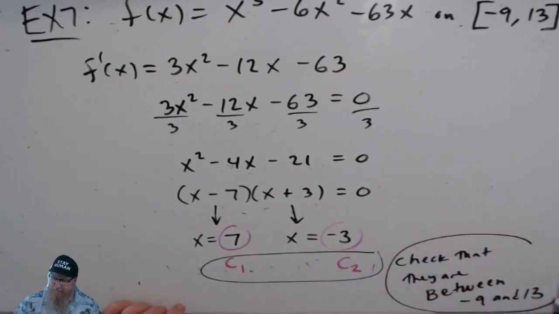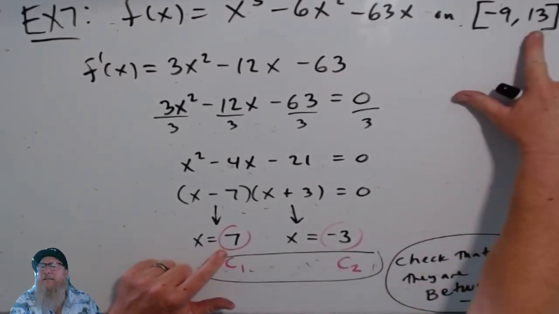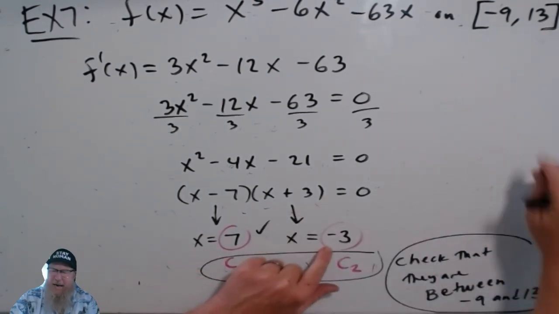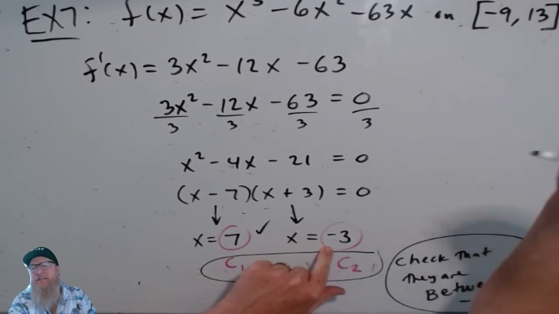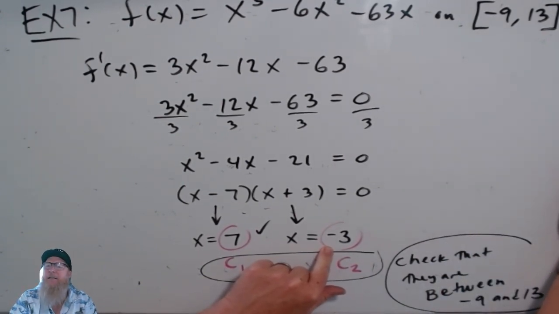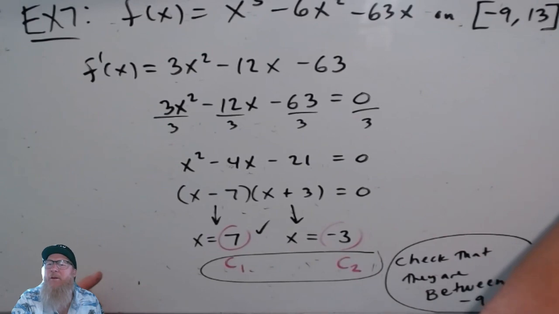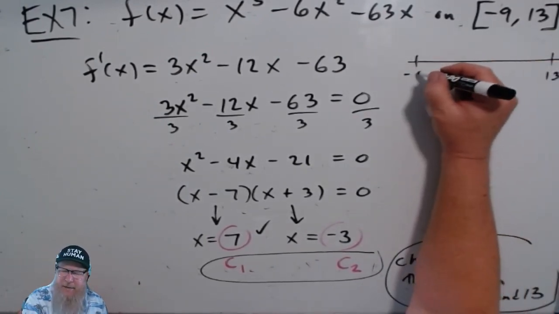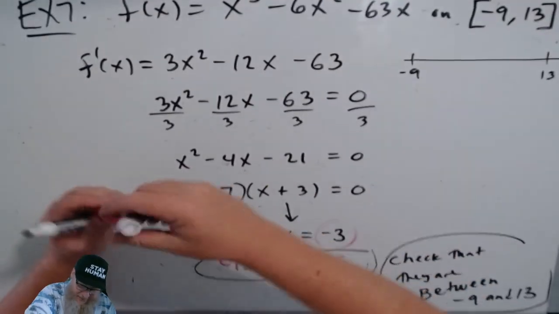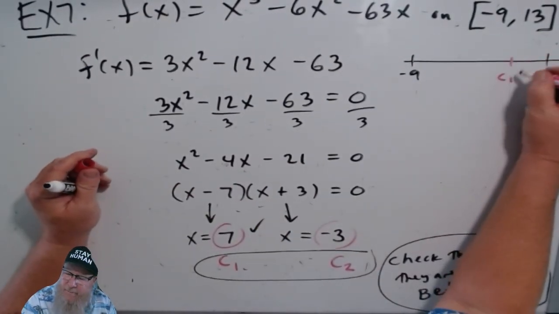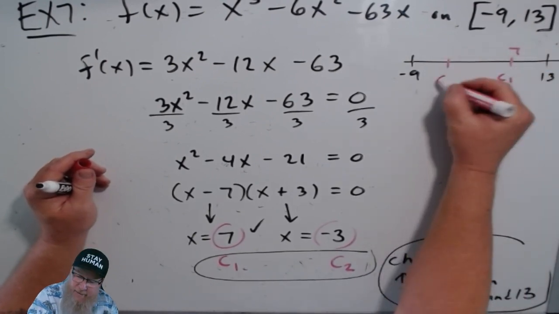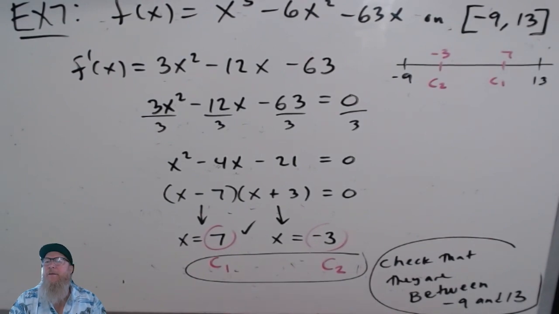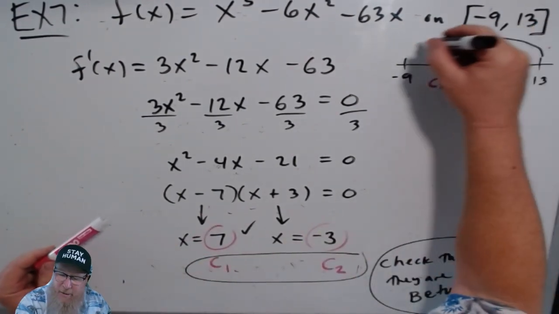So you should check that. 7, yeah, that's less than 13 and greater than negative 9. Yep, check. And negative 3, yeah, that's bigger than negative 9. If you have to, you could draw a number line, but you'd feel silly if you did, but I'll do it. Here's 13. Here's negative 9. And then I've got my C1 is 7. And I've got my C2 is negative 3. And everybody is in the interval. So this is where we're looking.